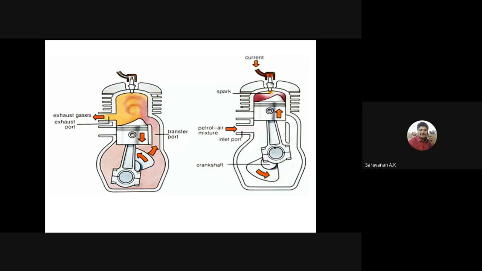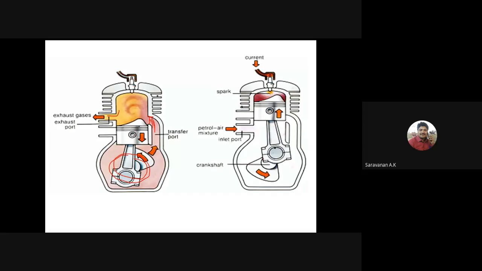The burned gases will pass through the exhaust port, and at the same time the transfer port is open. The fresh air or air-fuel mixture is passing through the transfer port to the cylinder, right?